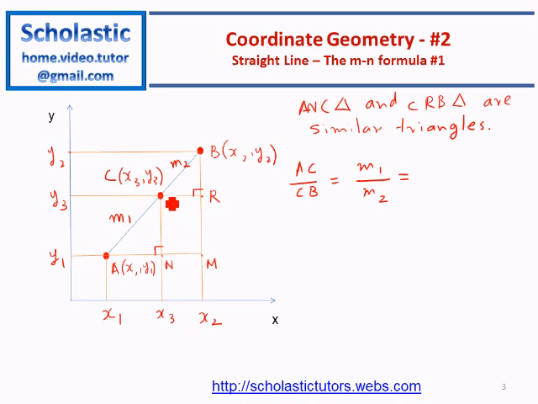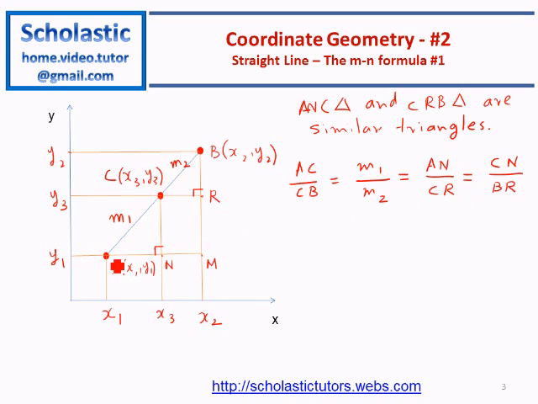AN divided by CR also is equal to CN divided by BR. Now what we have to do is to find out the distances AN, CR, CN and BR.